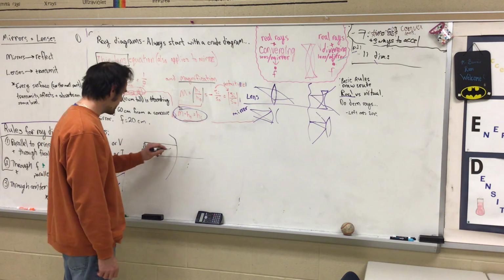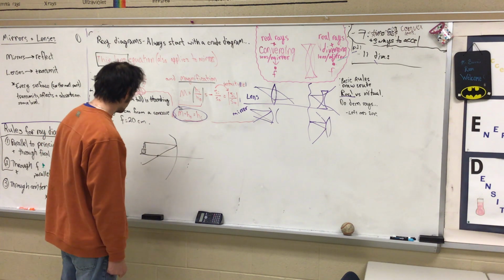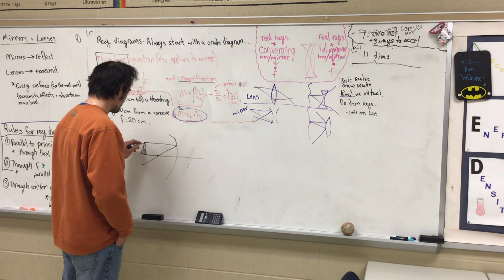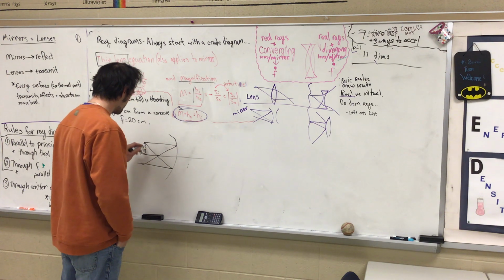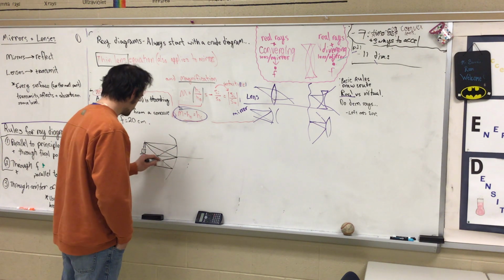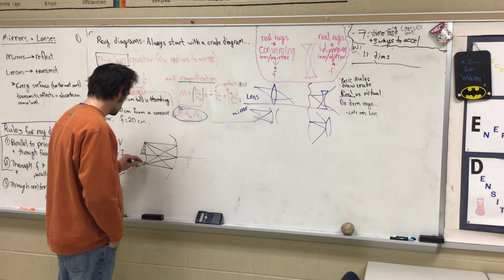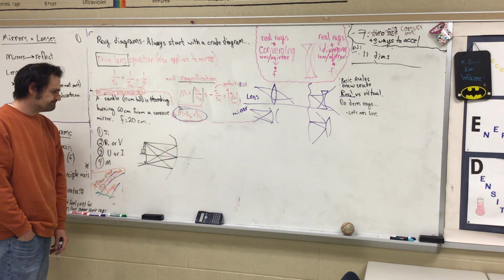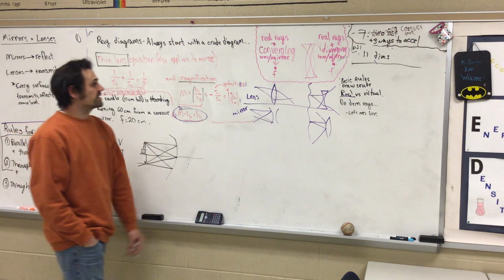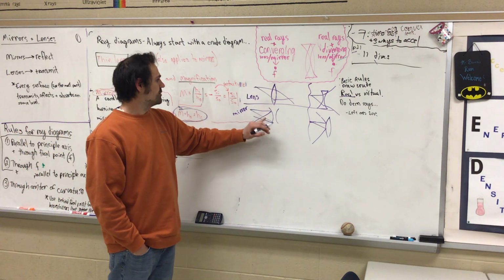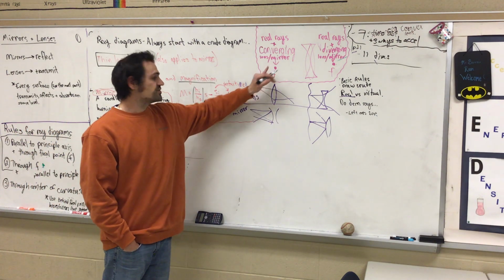It's going to hit there, bounce to the focal point. Number 2 is through the focal point and back parallel. And number 3 is through the center of curvature and back. And it's a converging mirror, which means we're going to use the leftward focal point.